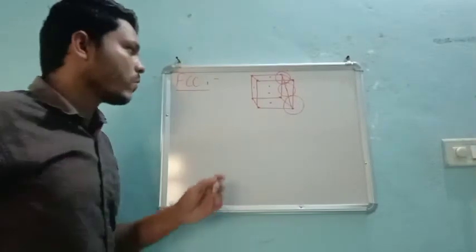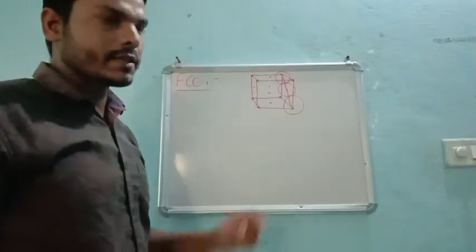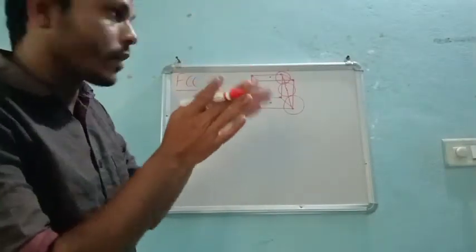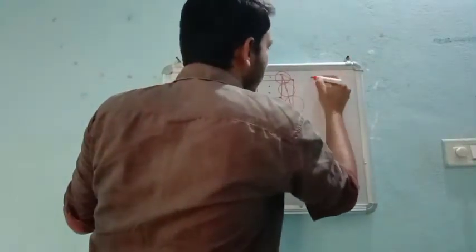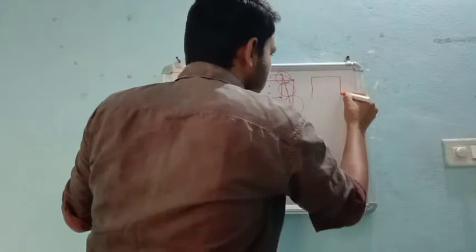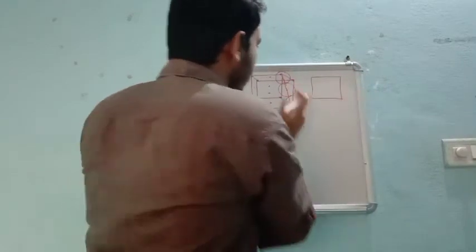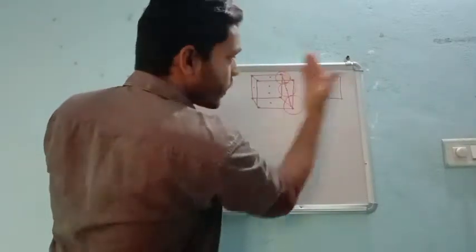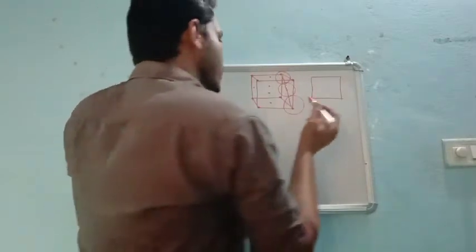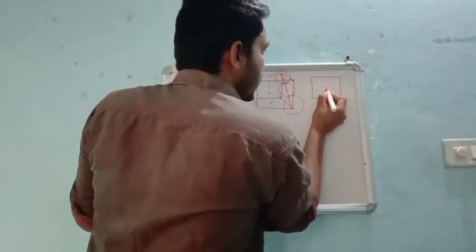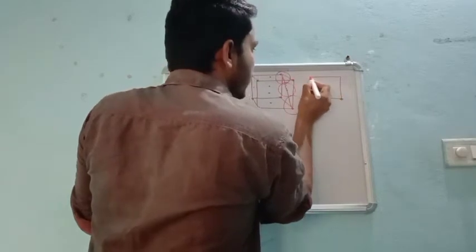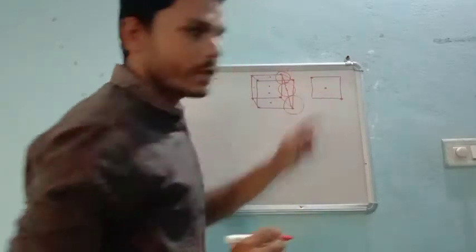Otherwise, what you can do for this FCC is take just one face. If I draw this face separately, then the one face looks like this, right? So I just took this face separately. Faces means corners as well as the center of the face.